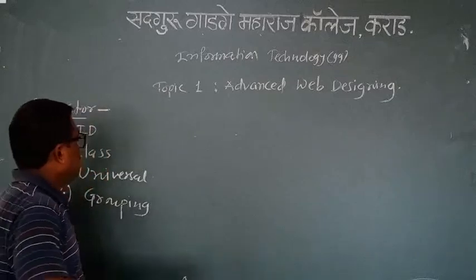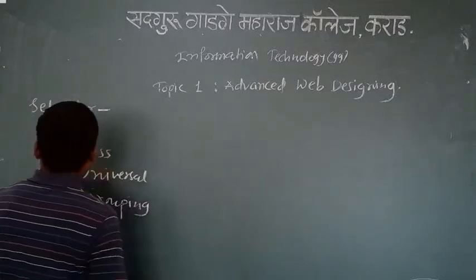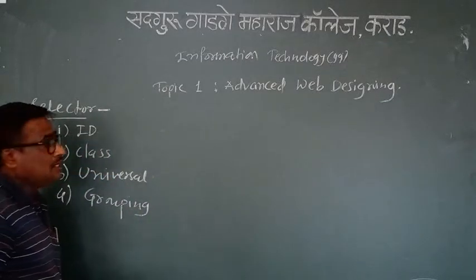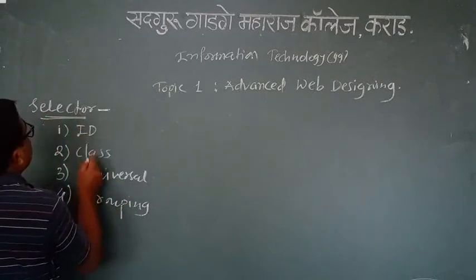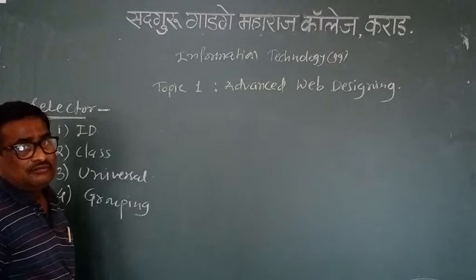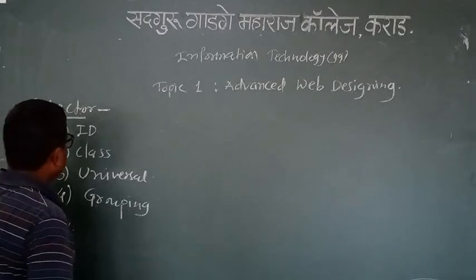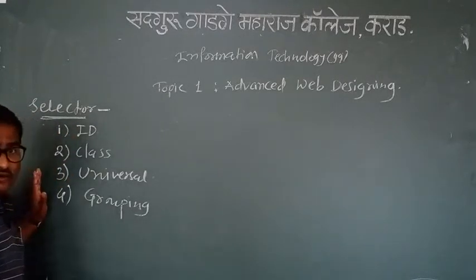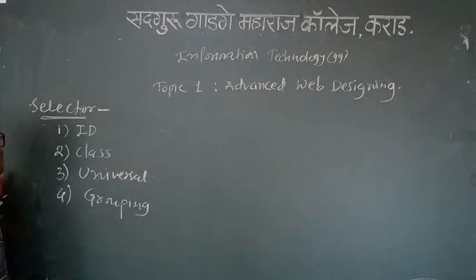Okay, today we learn the selector. What is a selector and what are the types of selector? Basically there are 4 types mentioned in our book, that is ID, class, universal and grouping.